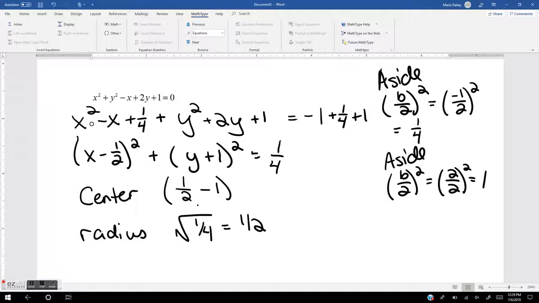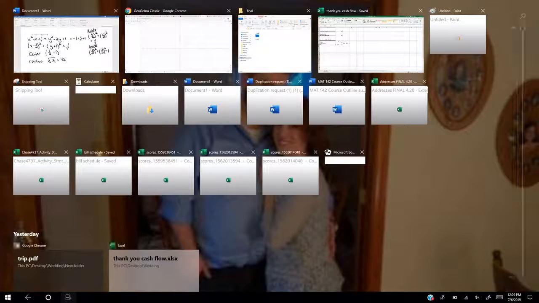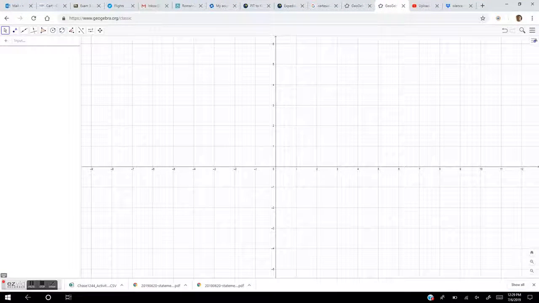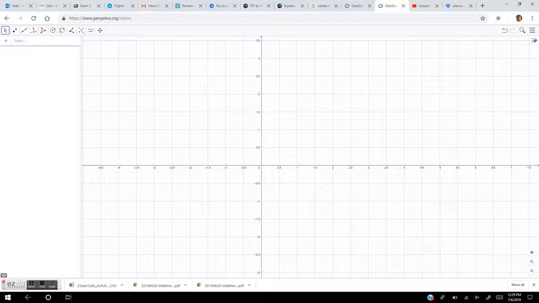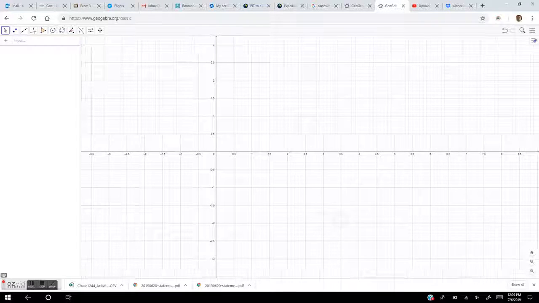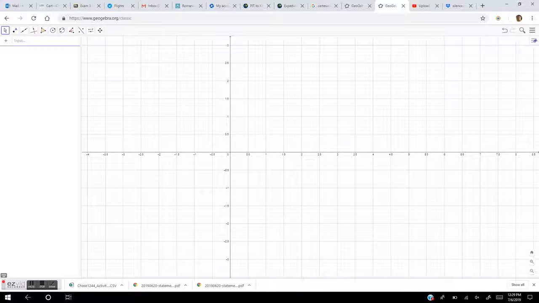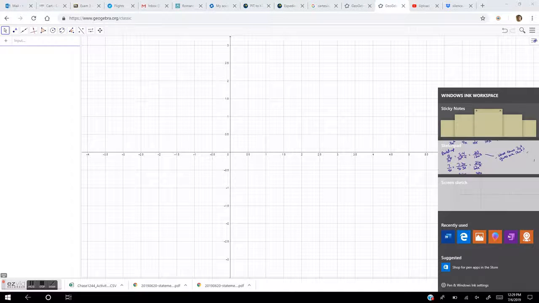From there, we can pull up our graph. We have a center. We're going to stretch this out a little bit here. There we go. So we have a center of 1/2, negative 1. Let me take a screenshot on this so I can draw on it.